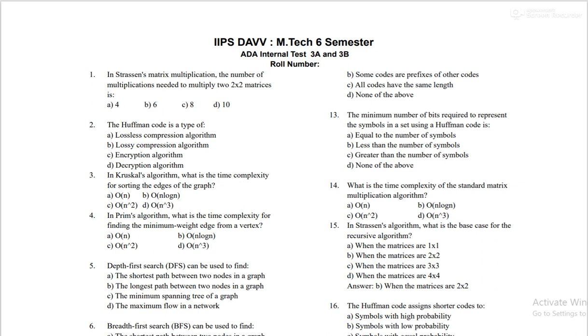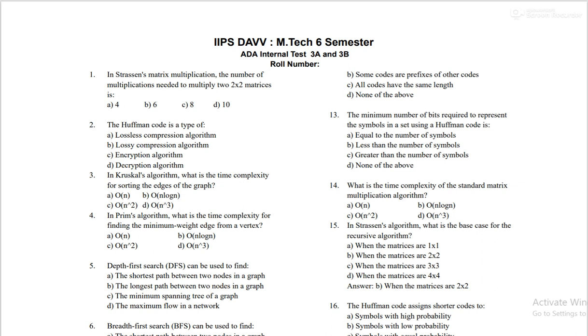In question number 3, in Kruskal's algorithm, what is the time complexity for sorting the edges of the graph? Kruskal's algorithm requires different steps, and different steps have different time complexities. The first step is sorting the edges of the graph in increasing order.